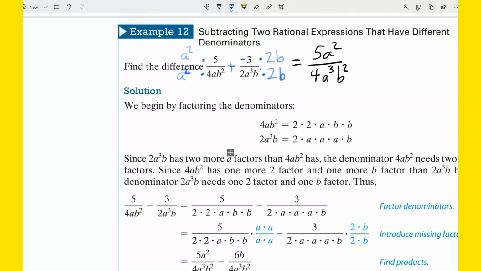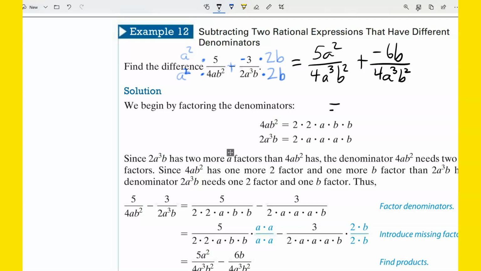So that's going to become a negative 3. So this is going to be plus negative 3 times 2b is negative 6b over 2 times 2 is 4 a cubed, and then b times b is b squared. So I have a common denominator now.